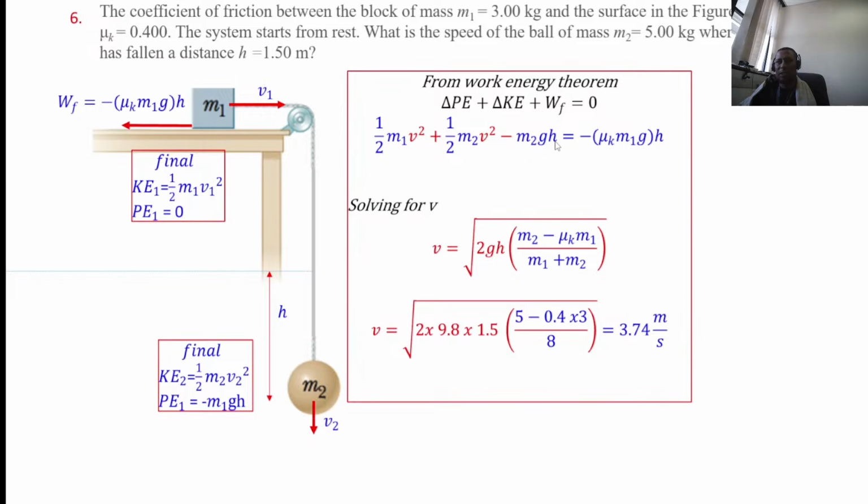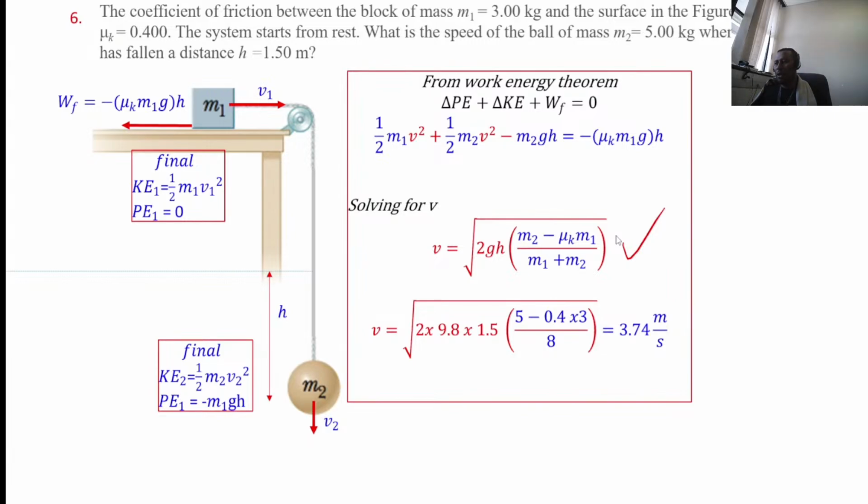Take this one, add to the right, or basically m2 g h minus mu k m1 g times h. If you reorder, you easily see this equation is correct. I'm happy about it. And then basically what I'm left with is just plugging in values. The values therefore are as given.